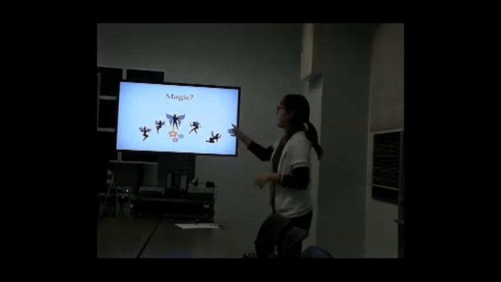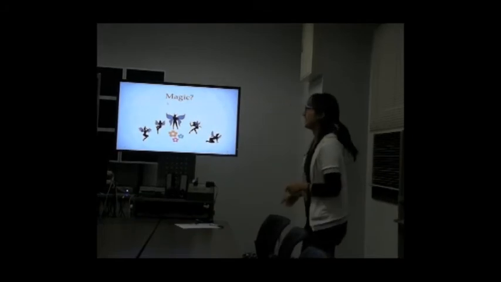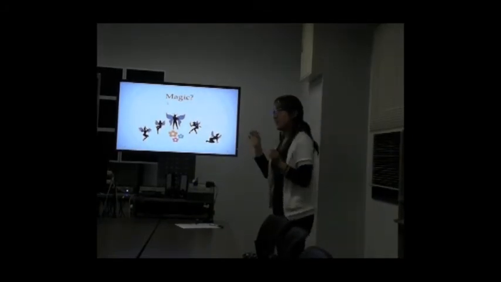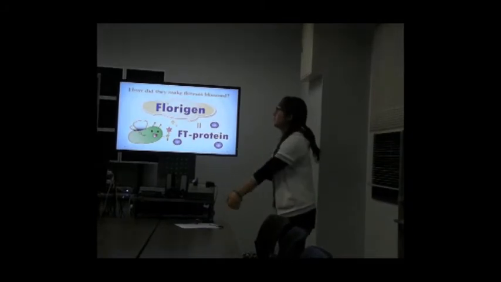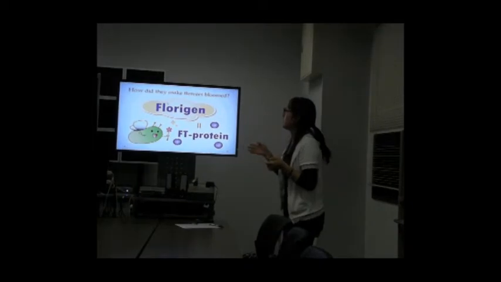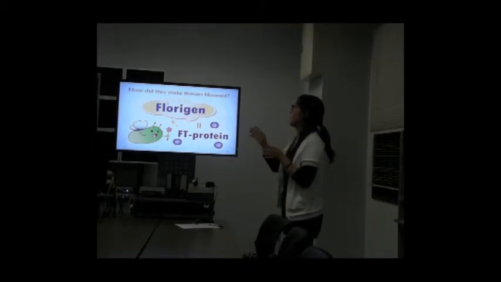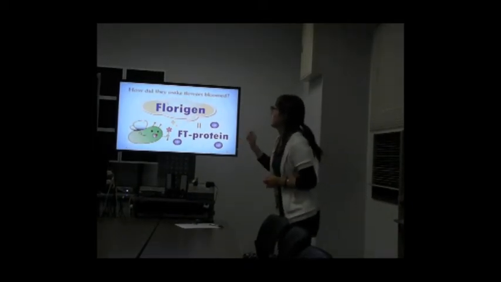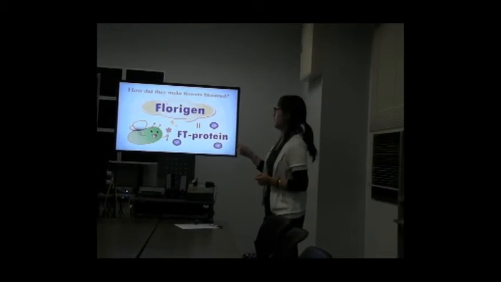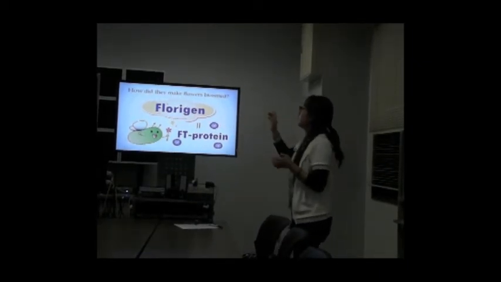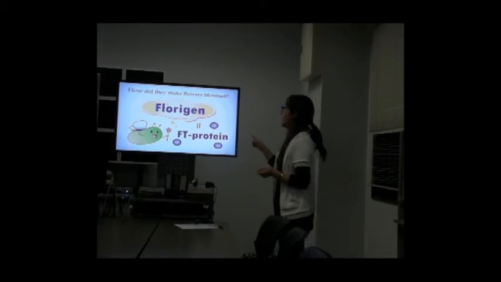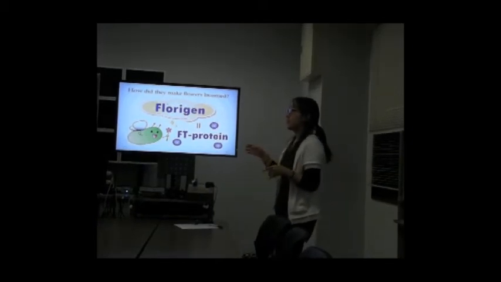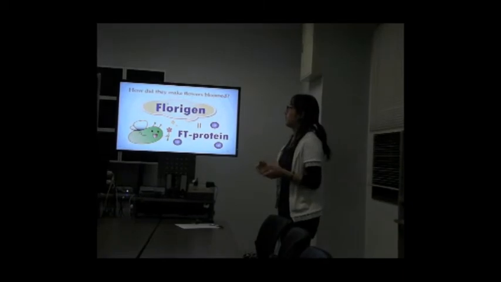So, magic theory. Okay. So when I said we made a magic E. coli like a flower fairy, how did we make flowers bloom? When flowers bloom, it has many flowers.